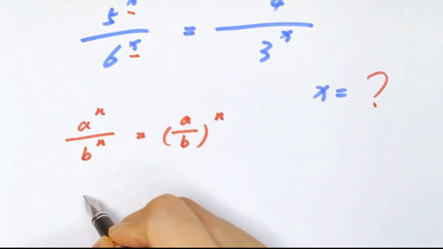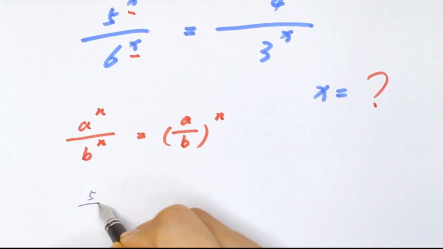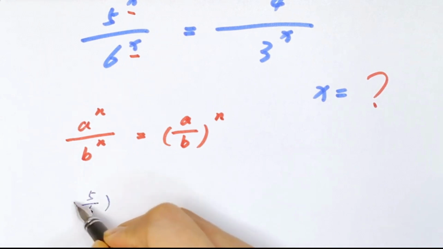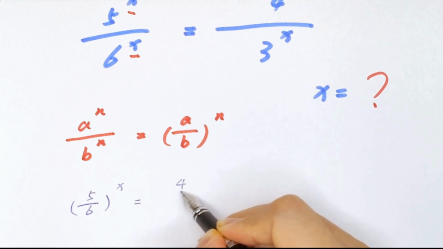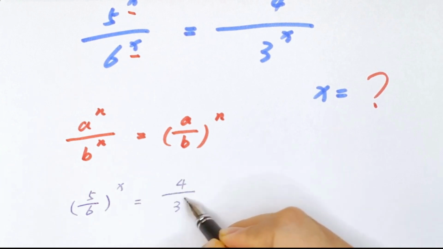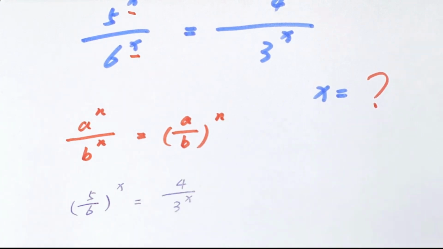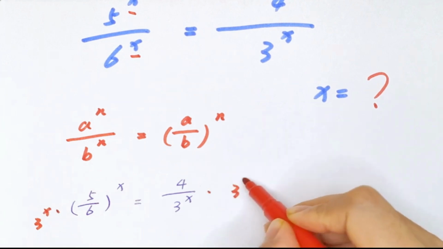So to be 5 over 6 bracket to the power of x equals 4 over 3 to the power of x. Now we times 3 to the power of x in both sides.